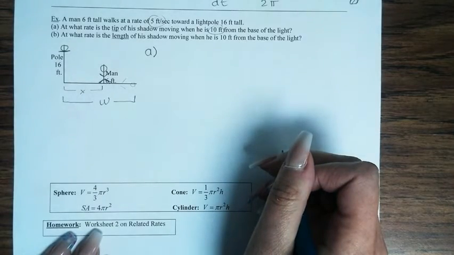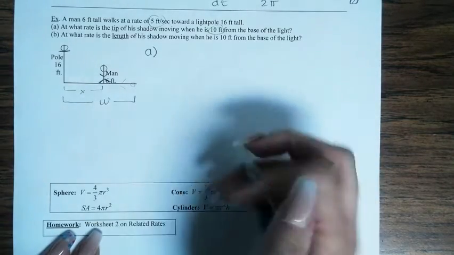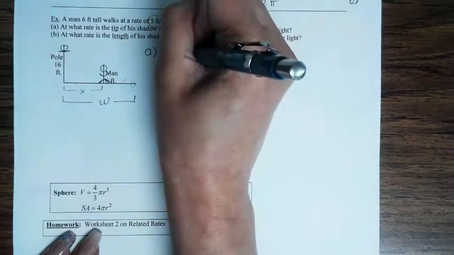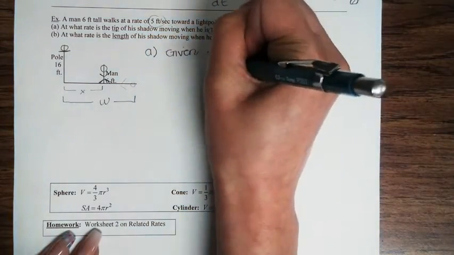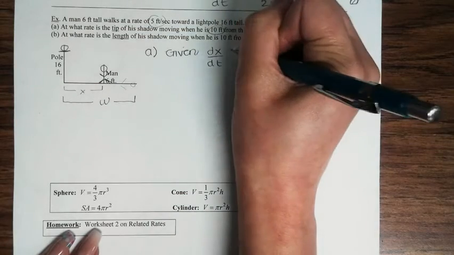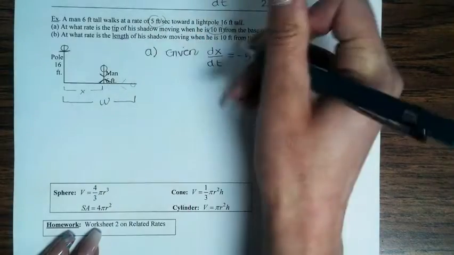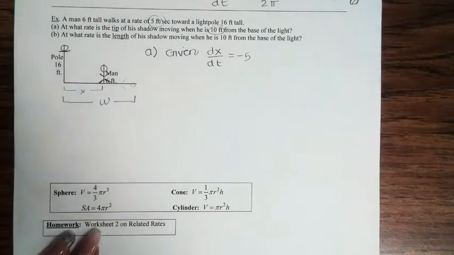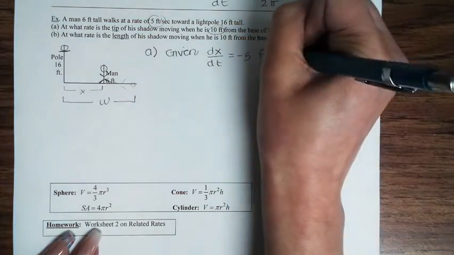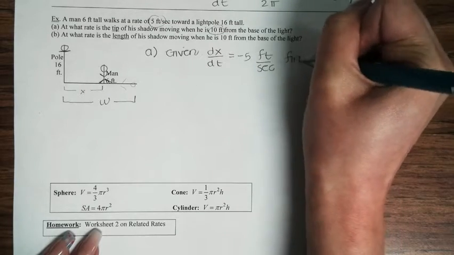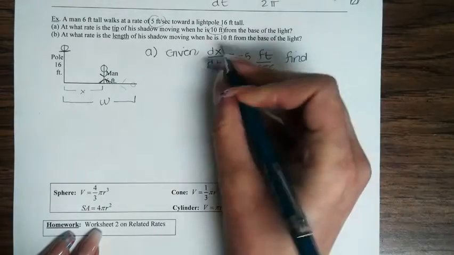Good? So what do you know? He walks at a rate of 5 feet per second. So given dx/dt equals, and I would say that it's negative because the guy is walking to the left, in feet per second. What do you want to find?